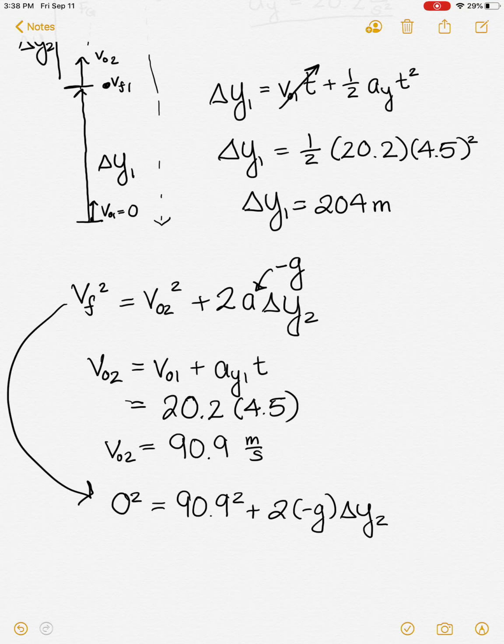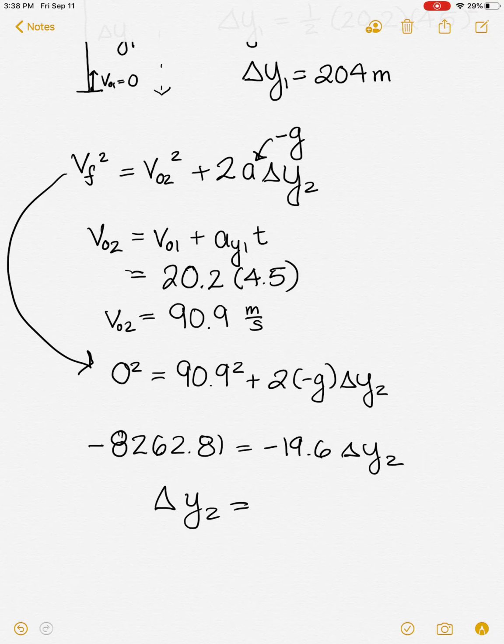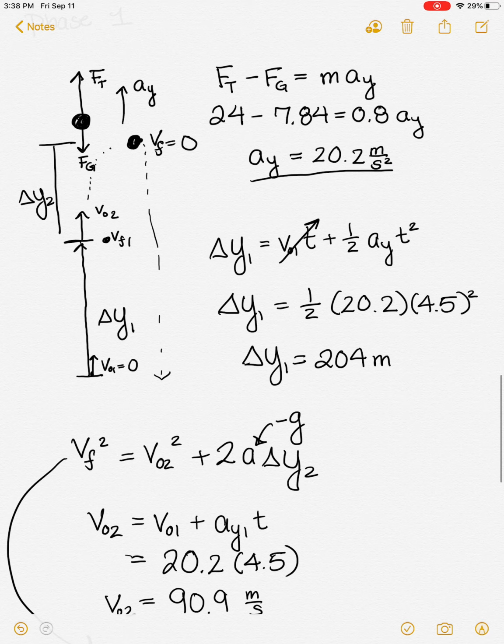And so we have essentially 90.9 squared is 8262.81 is equal to negative 19.6 delta y2, and delta y2 is then going to be equal to 421.6 meters. So after the thrust turns off, the rocket goes an extra 421.6 meters.